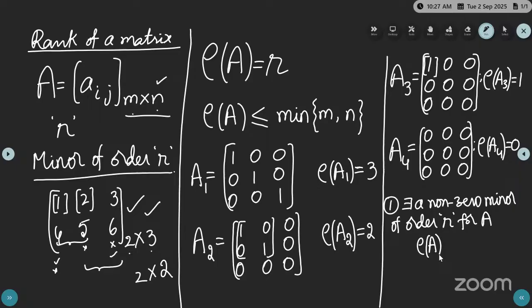Now what can you say? There exists a non-zero minor of order R for the matrix capital A. Then the rank of this one is greater than or equal to R. That is important.